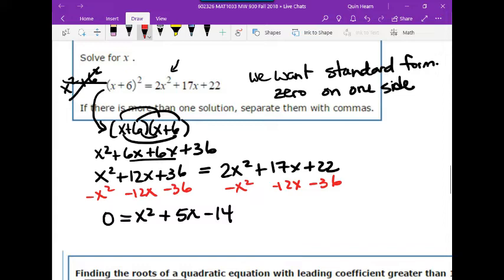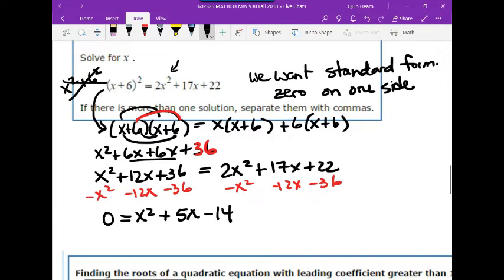Oh, good question. So you asked if you did 6 times 6 to get 36, why do you still need the 6x and the 6x? Well, remember, when you multiply x plus 6 times x plus 6, what you're really doing is you're multiplying the x times the x plus 6, and you're multiplying the 6 times the x plus 6.